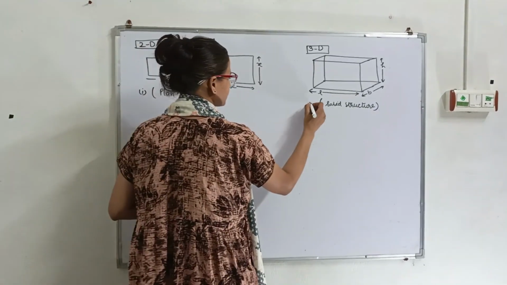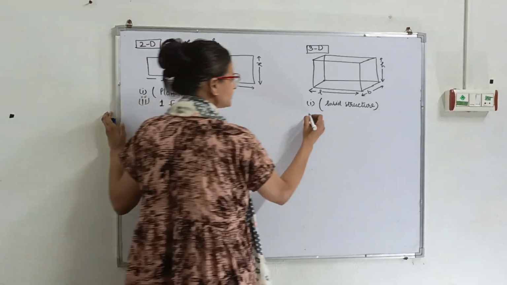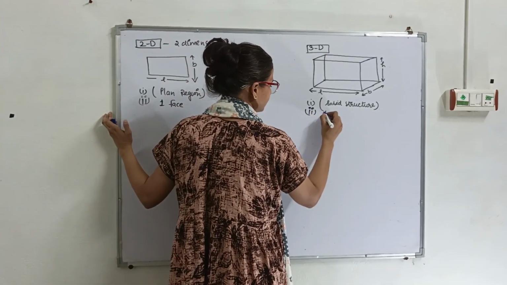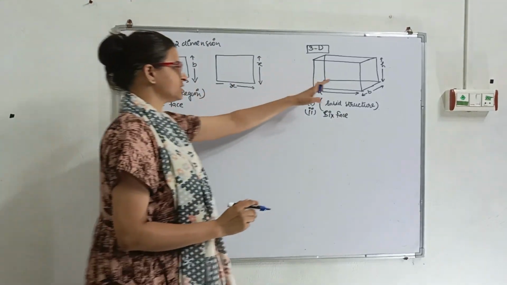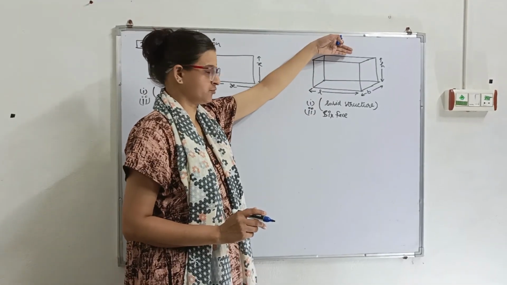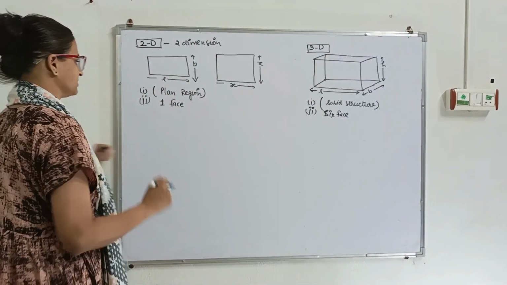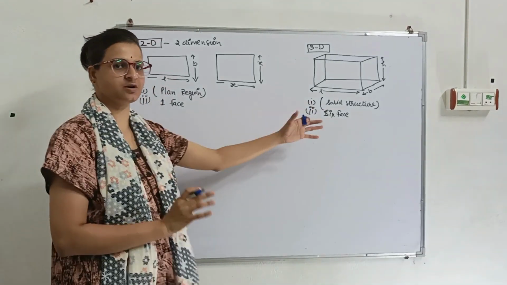And this is the solid structure. One is the plane region and the other is the solid structure, and this has six faces. This structure is made by six faces: 1, 2, 3, 4, and behind this 5, and this is the 6. So this is the 2D structure and this is the 3D structure, the basic concept between them.